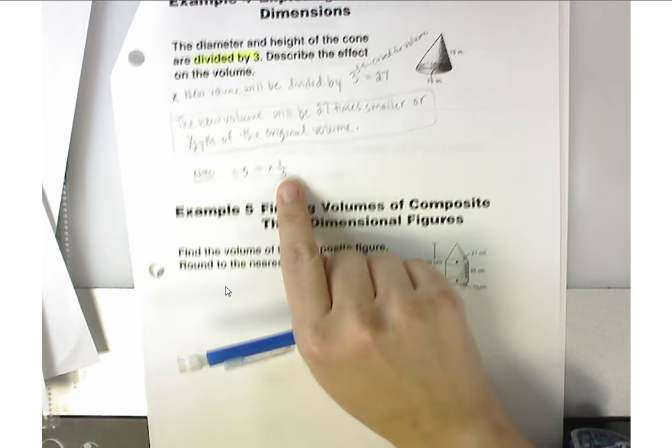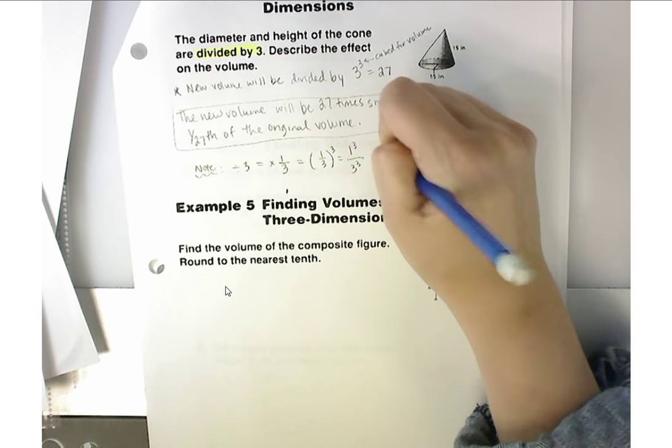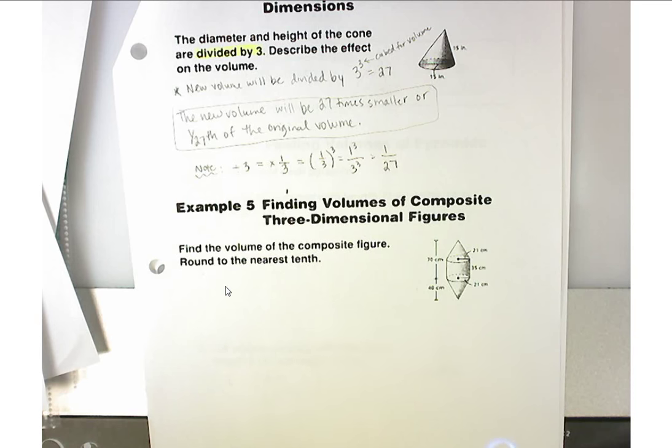So if you cube 1/3, you cube the top and you cube the bottom, which is where we're getting that 1/27. So it is like you are multiplying by the 1/27. And if you didn't remember that rule, you could find both the original and the new volume and then just reduce that fraction. And when you reduce the fraction, you'd get 1/27.